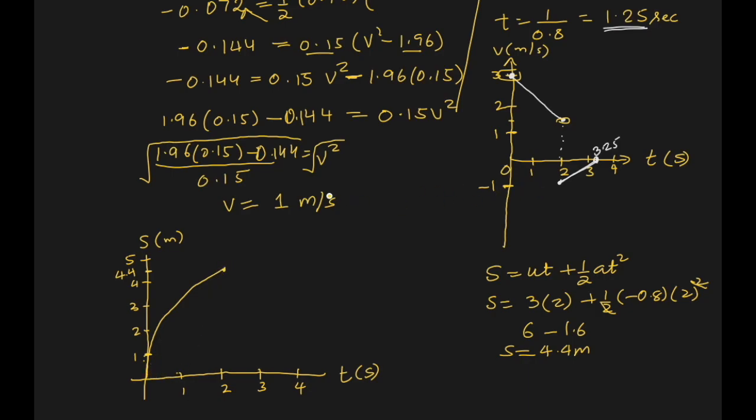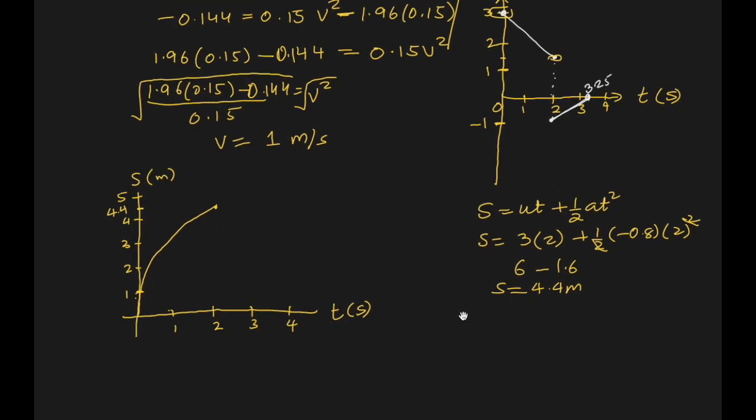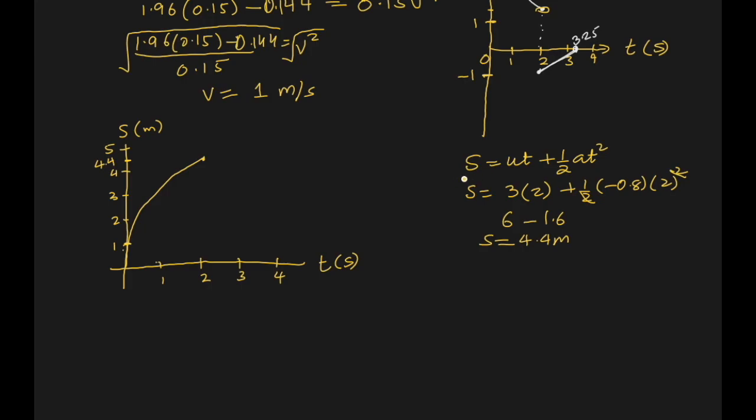Then in the return journey I'll use the same formula again, s equals ut plus half at square. So let me write here s, which we don't know, u. This time when it was rebounding, its speed was -1, but since I want the displacement, I'll use 1, because I want total displacement. I know the direction will be this way because it's going back.